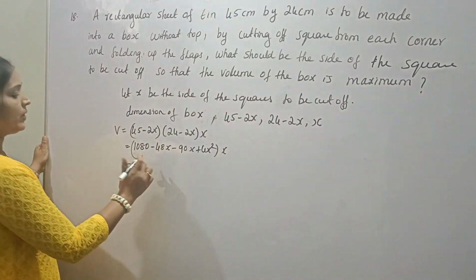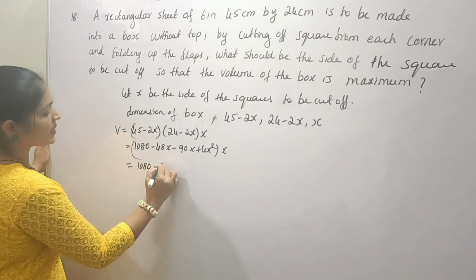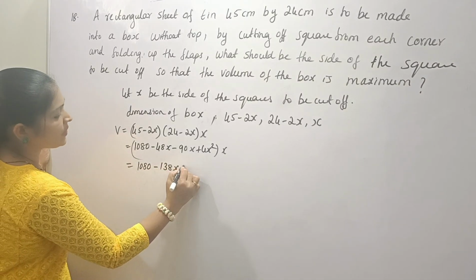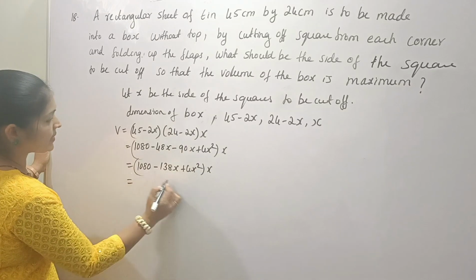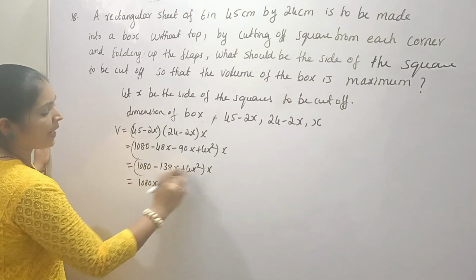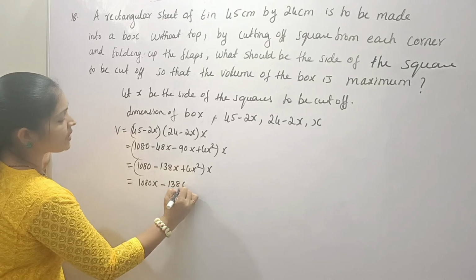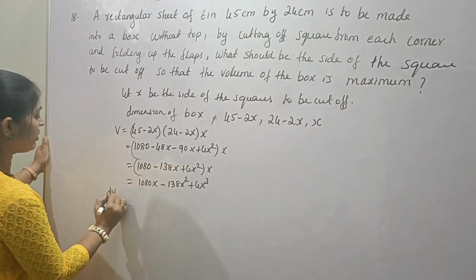That is equal to 1080 minus 138x plus 4x square, into x. That is 1080x minus 138x square plus 4x cube. Okay, now let's find dv by dx.